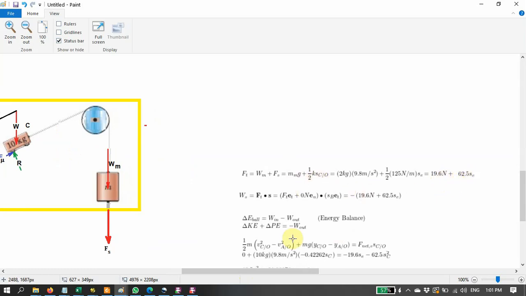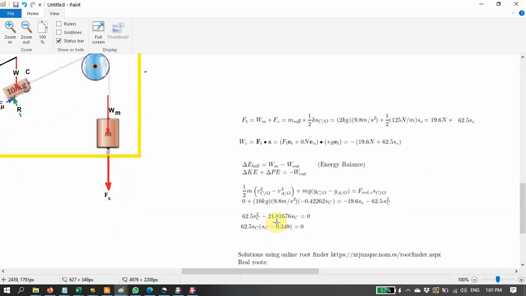This is the spring. And then we can find the work done by the body to raise this body M plus the amount of energy required to stretch the spring. So that's what we call a workout, right?